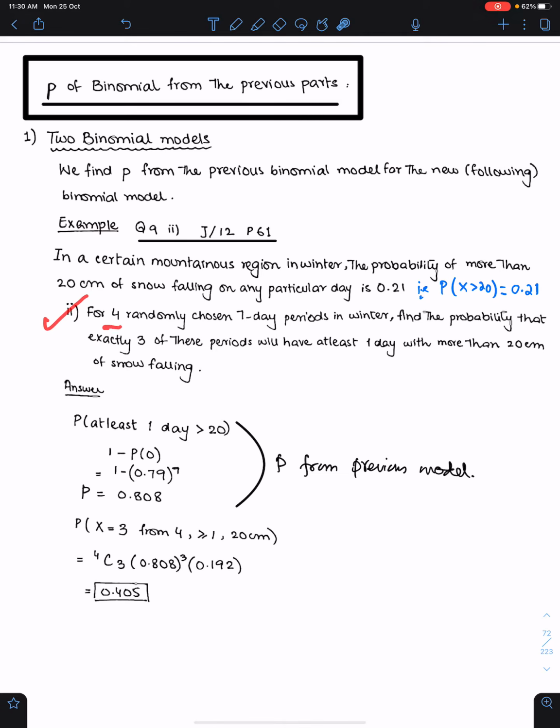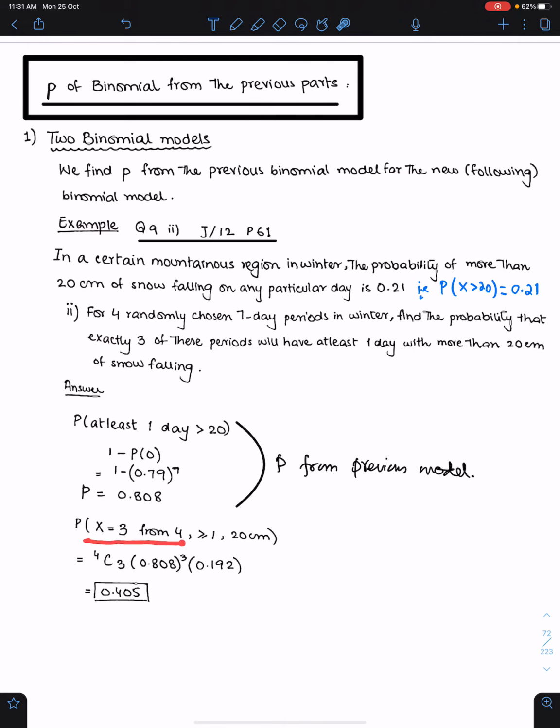For 4 randomly chosen 7-day periods, this is the following binomial model and this is the previous binomial model. For 4 means n is 4. 7-day periods in winter. Find the probability that exactly 3. So we need this probability: 4C3. N is 4 and the requirement is 3.